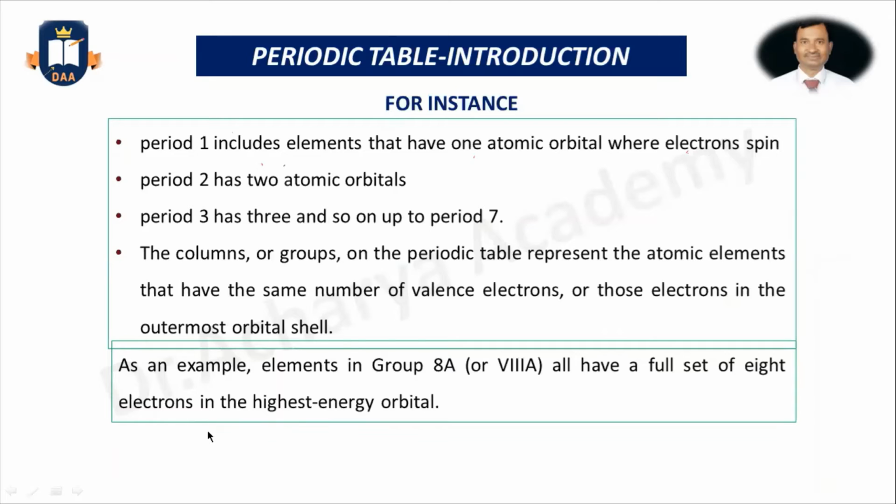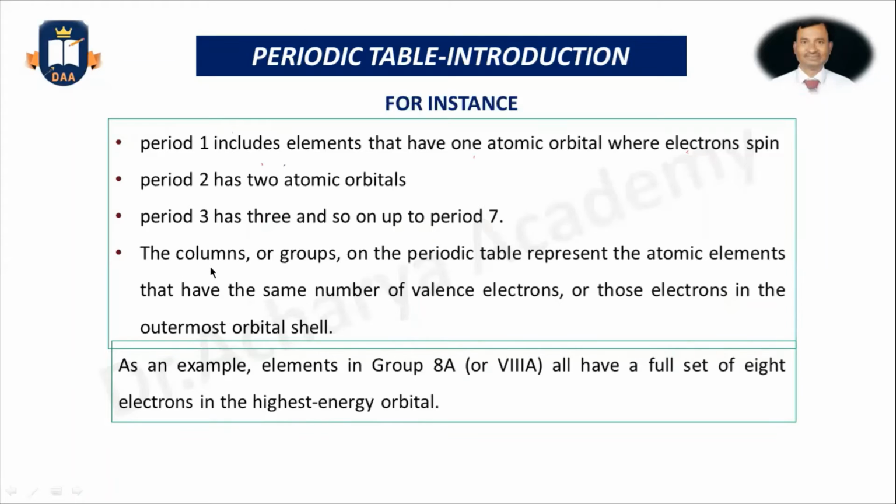So for instance, period 1 includes elements that have one atomic orbital where the electrons spin. Period number 2 has 2 atomic orbitals. Period number 3 has 3 atomic orbitals, and so on, up to period number 7.